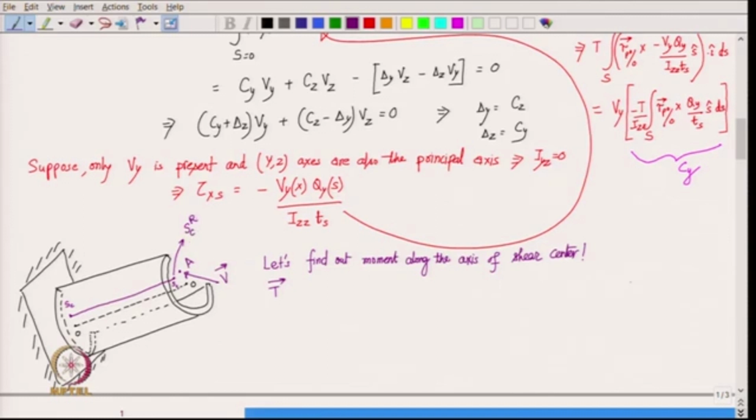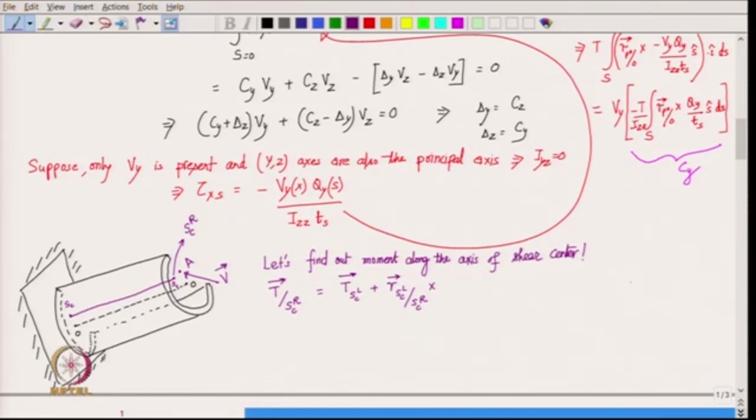So, we use the superscript R. So, torque about the shear center for the right cross section, that is nothing but torque about the shear center for the left cross section plus the position vector of the left cross section shear center relative to right cross section shear center, cross product with the shear force that is acting on the left cross section, right.